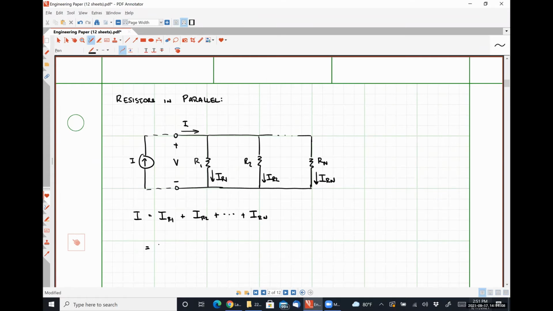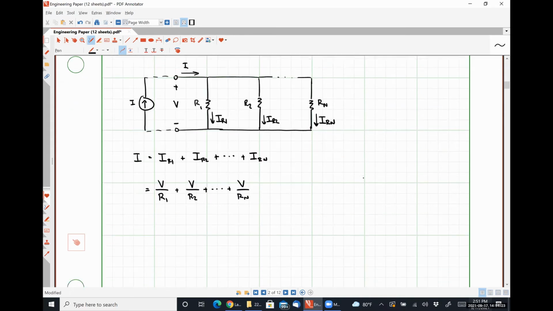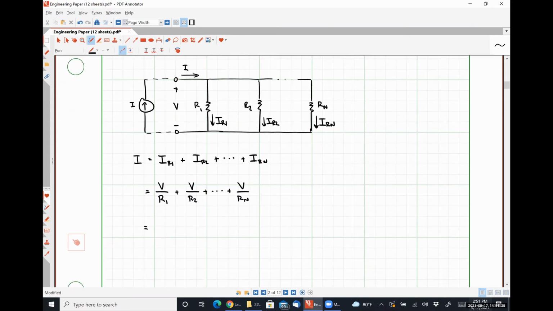So this is going to be I is equal to V divided by R1 plus V divided by R2 plus V divided by Rn. And now I'm simply going to factor out that common term of V, leaving me with 1 over R1 plus 1 over R2 plus 1 over R sub n.